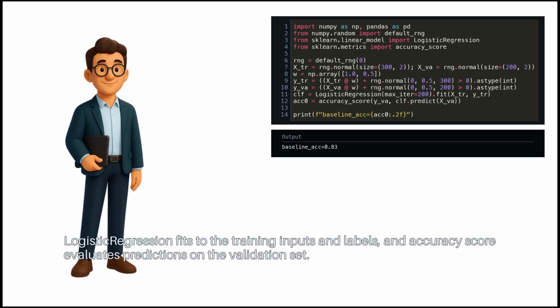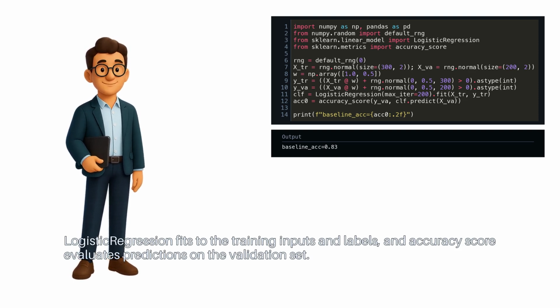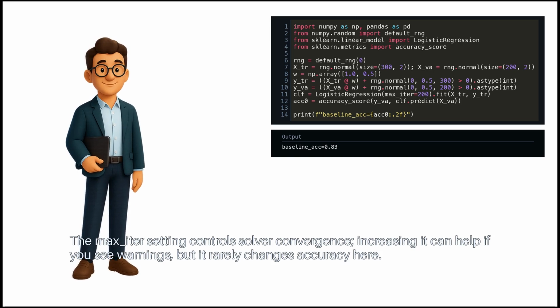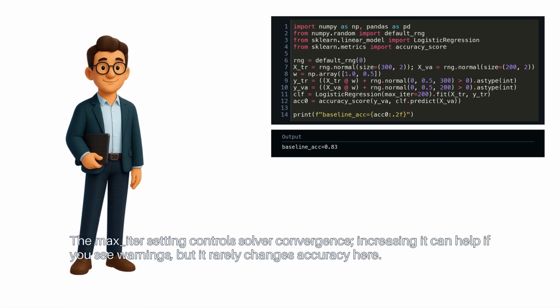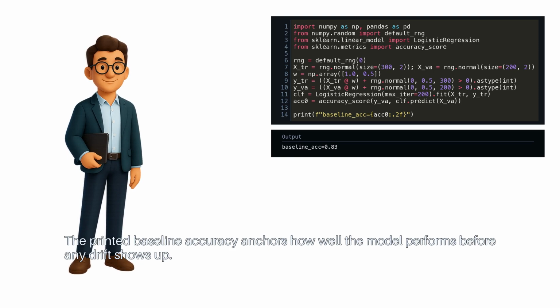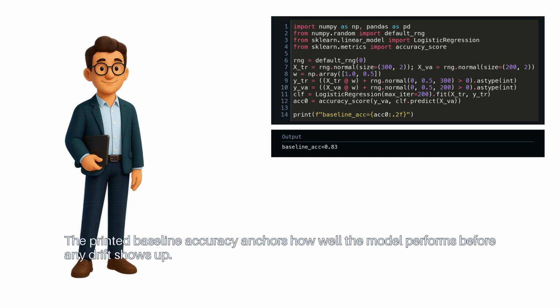Logistic regression fits to the training inputs and labels, and accuracy score evaluates predictions on the validation set. The max iter setting controls solver convergence. Increasing it can help if you see warnings, but it rarely changes accuracy here. The printed baseline accuracy anchors how well the model performs before any drift shows up.